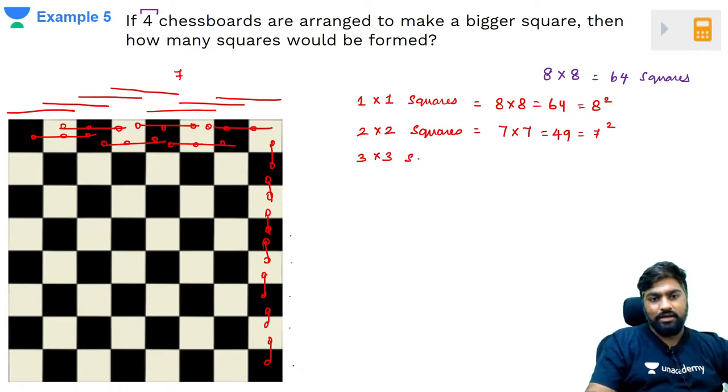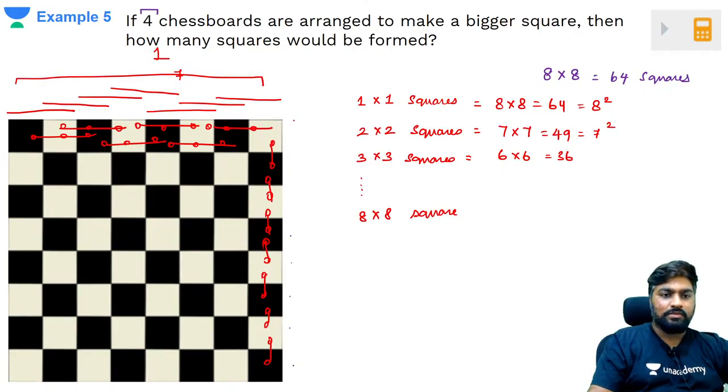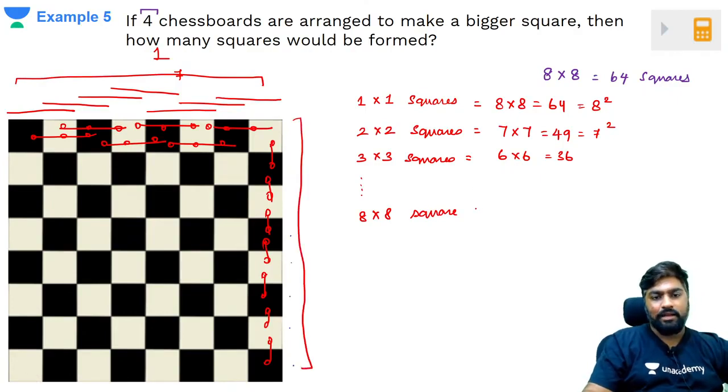Correct? So for 3 cross 3, there are 6 positions along each side. Do you see a pattern now? What's the pattern? We would have numbers decreasing. So for the last, 8 cross 8 square, there'll only be 1, because this is 1 and 1. So 1 times 1, 1. Yes. So what do you see? You basically see sum of squares.